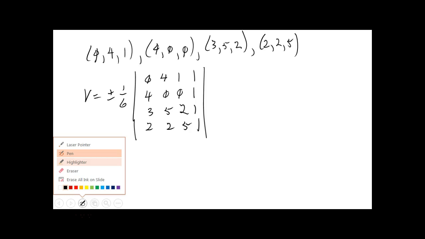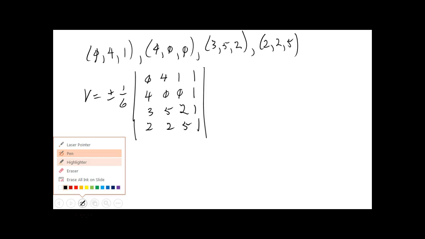This is the volume of a tetrahedron. So you have to have 4 points. Have to. Otherwise, you have a plain triangle, and you can't do a volume of a triangle because it has no third dimension. Okay.